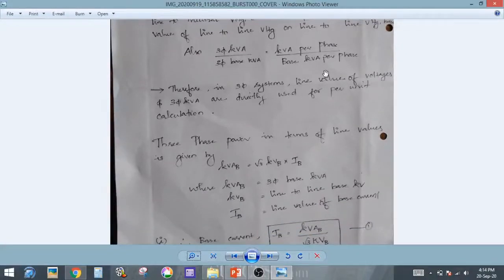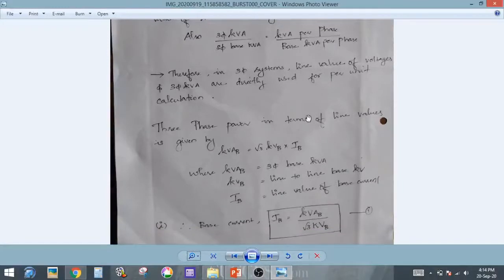3-phase power in terms of line values is given by base kVA equals root 3 into base kV into base current. That is kVA equals kV into current. We are taking the base, so the suffix represents the base value. kVAB is the 3-phase base kVA, kVB is the line to line base kV, IB is the line value of base current.